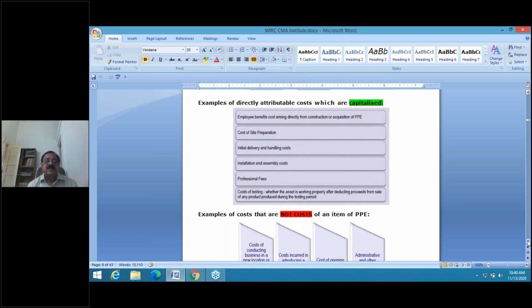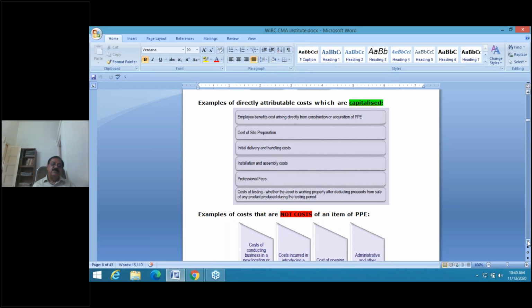Okay, so this is only a list, not an exhaustive list, some examples of directly attributable costs which will be added to the cost of your asset, like employee benefits cost arising directly from construction or acquisition of PPE. So for construction or acquisition of property plant equipment, any labor cost is incurred, any staff cost is incurred specifically for that, that will be added.